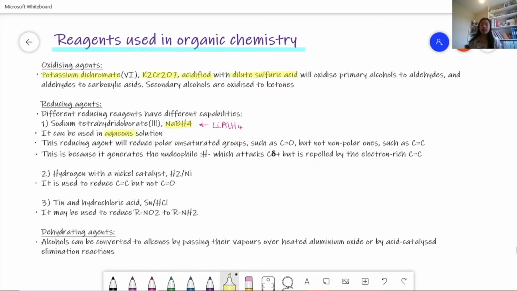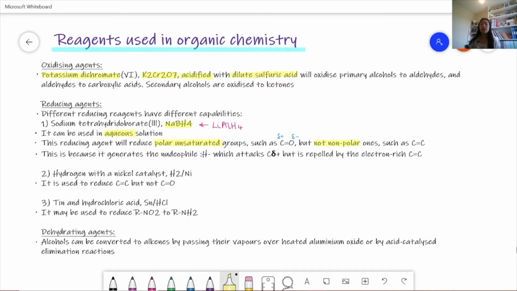And these reducing agents will reduce polar unsaturated groups, such as C=O, because we have the carbon, which is a partially positive atom, and then we have the oxygen, which will be partially negative. And this is because the oxygen is much more electronegative than the carbon. However, these reducing agents won't be able to reduce non-polar bonds, such as the carbon-carbon double bond.